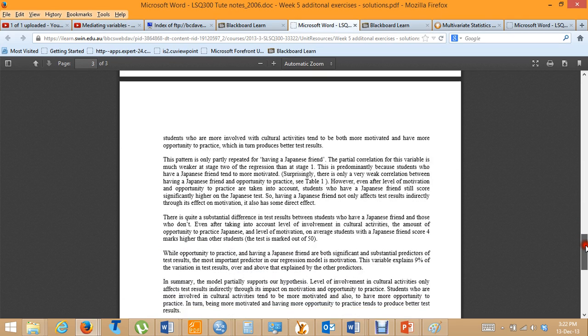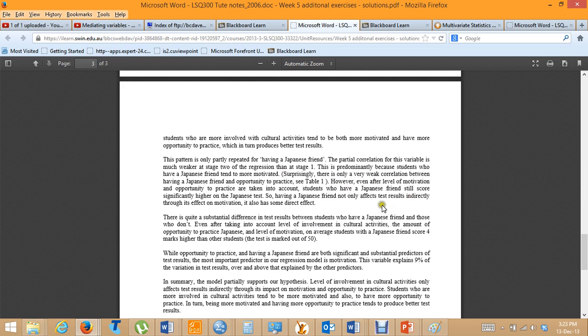Surprisingly, there is only a very weak correlation between having a Japanese friend and opportunity to practice. See table 1. However, even after level of motivation and opportunity to practice are taken into account, students who have a Japanese friend still score significantly higher on the Japanese test.